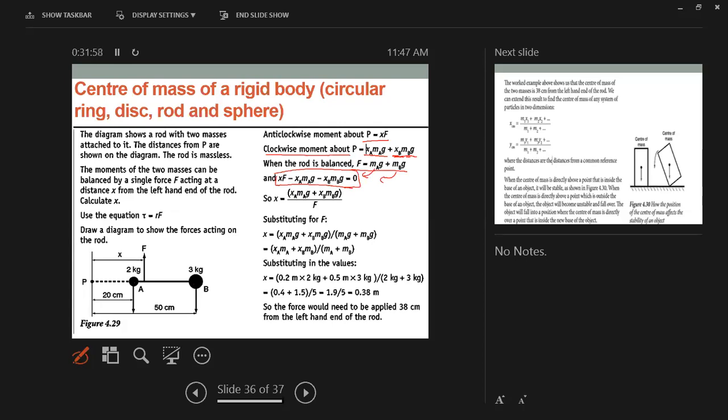When we leave alone the x, the formula will turn into this. So instead of F, let's replace the F with this mAg plus mBg. When we replace the F with mAg plus mBg, the formula of the x at the end will be this.